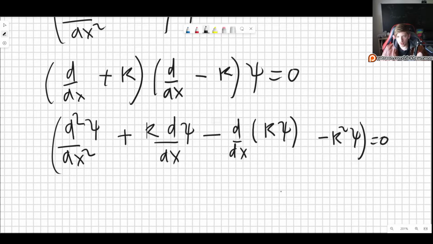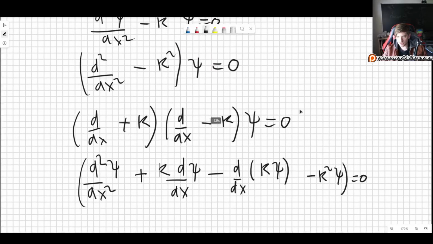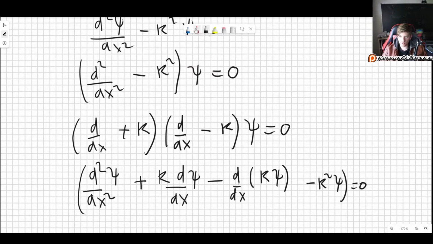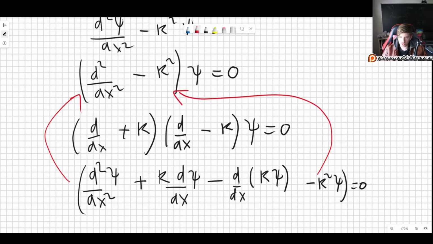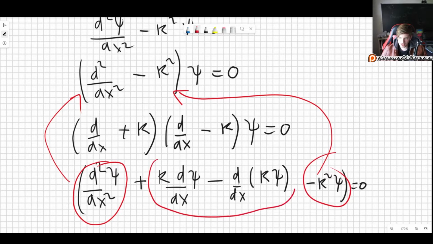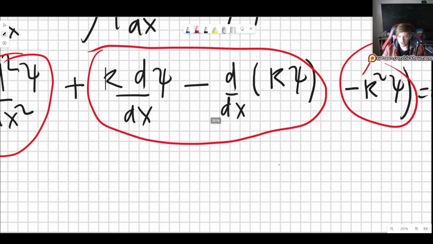Now for both of our expressions to be equivalent, right? So for this to be equivalent to what we have up there, we only want these two terms to survive. So we need that these middle terms cancel out. Now, when does this happen? This happens when k does not depend on x, because in that case, right, we can simply take it out of our derivative.